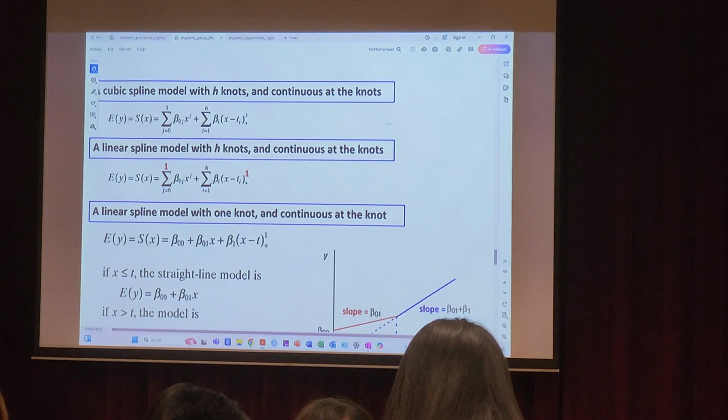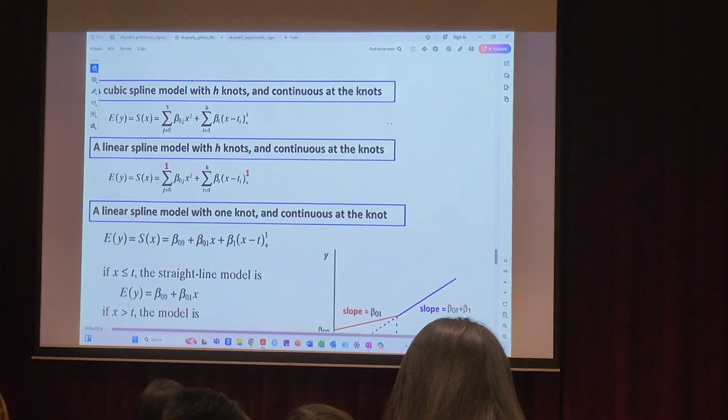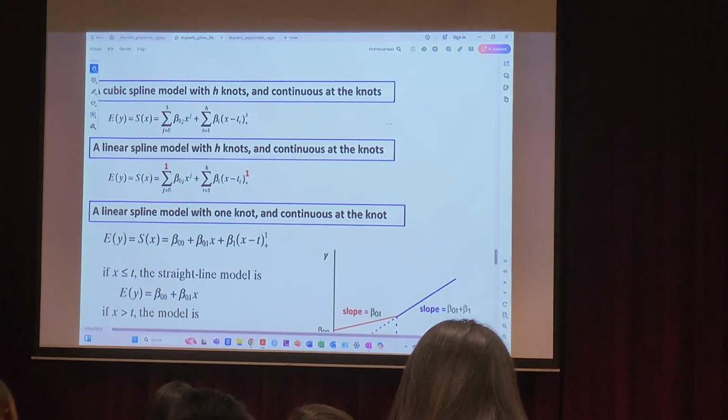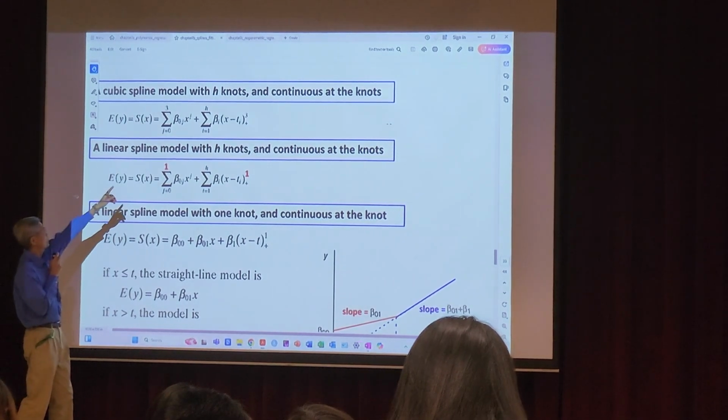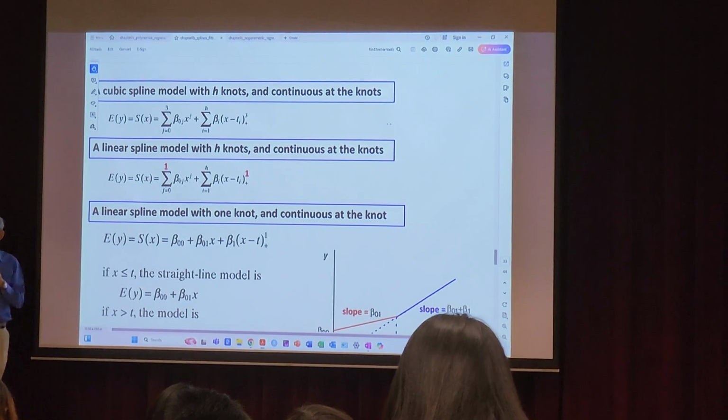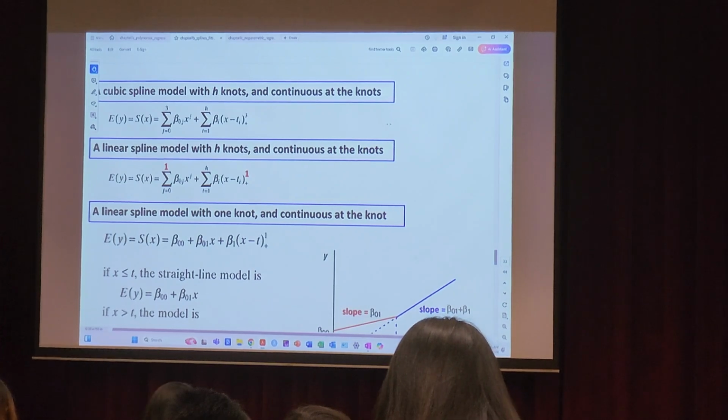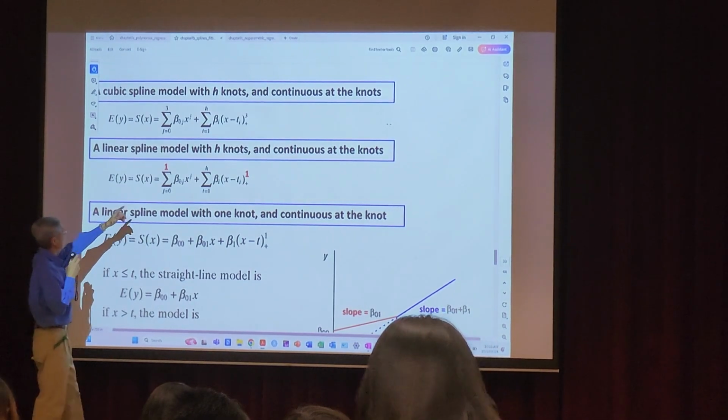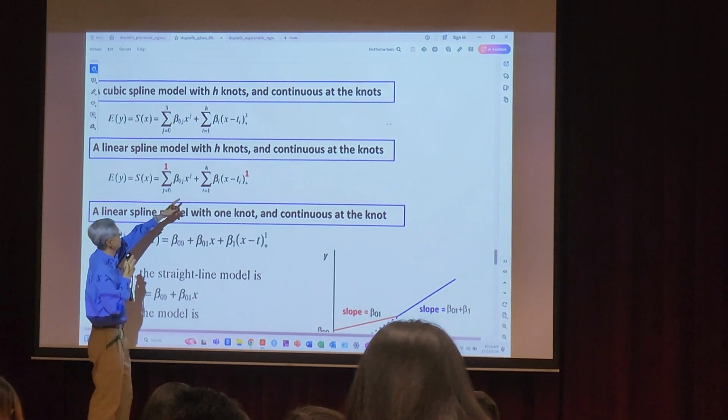Then I require my model to be continuous. So here I have H knots, and I want it to be continuous at the knots. So that's what happened. See, there's no double summation there. That's the difference. A linear spline model with H knots.